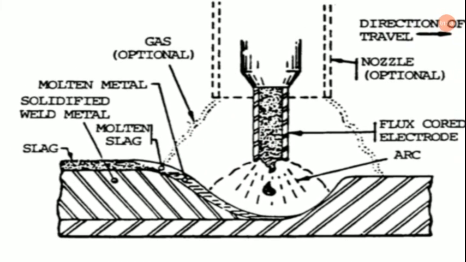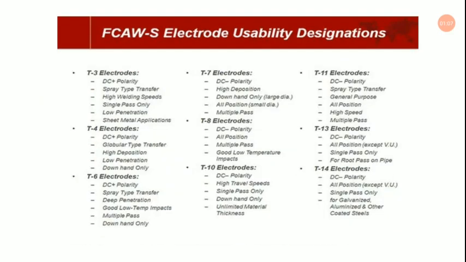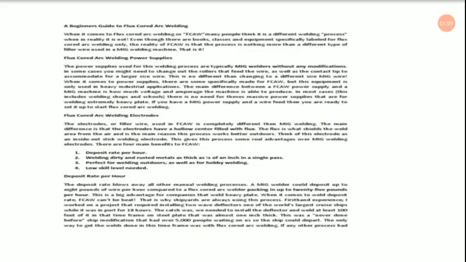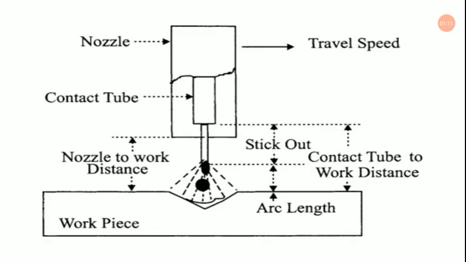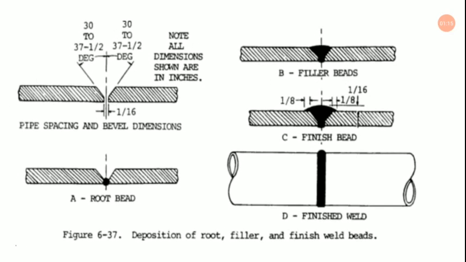Now let us have some knowledge. First of all, I would like to share the different joint depositions related to FCAW, the flux core arc welding process. This is a picture where you can see pipe spacing and bevel dimensions. Here you can see the angle, 32 to 37.5 degrees.